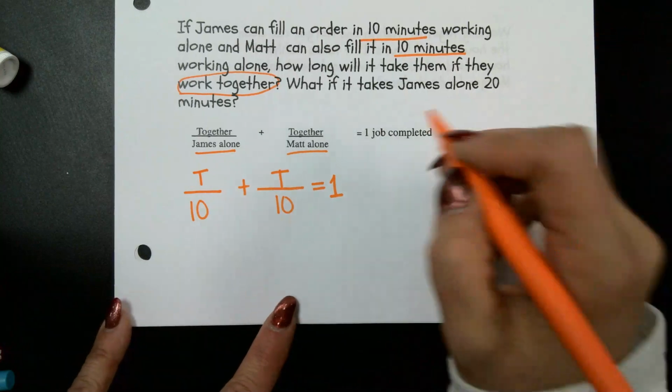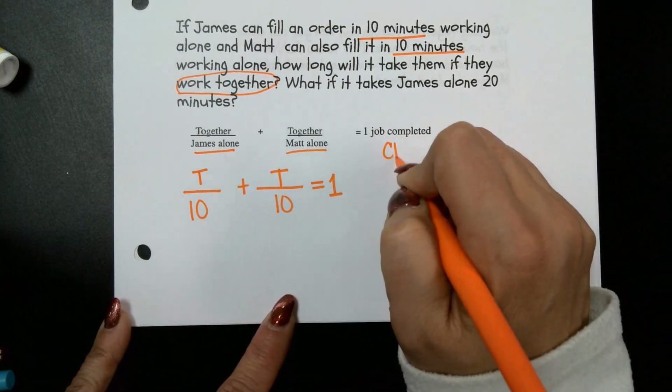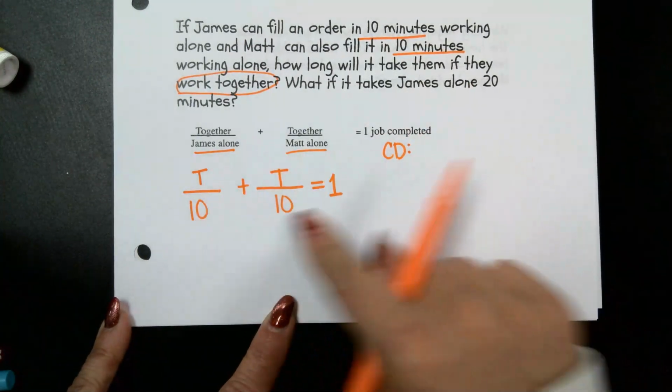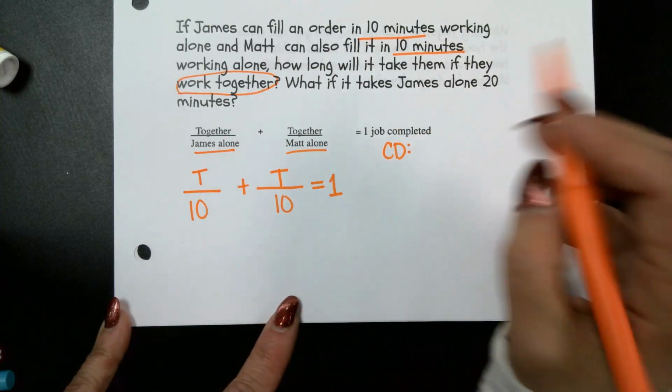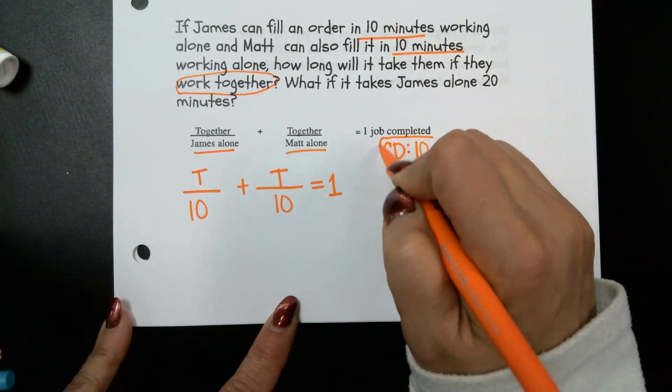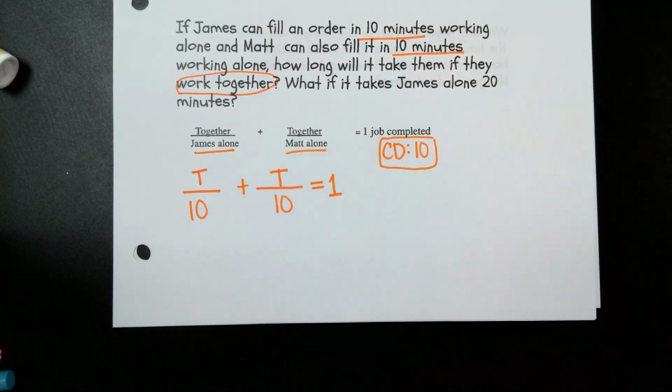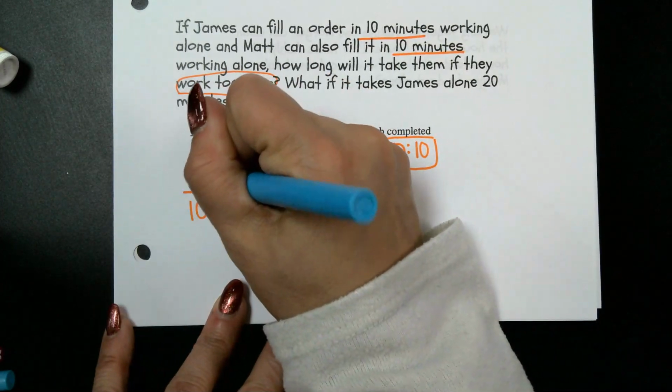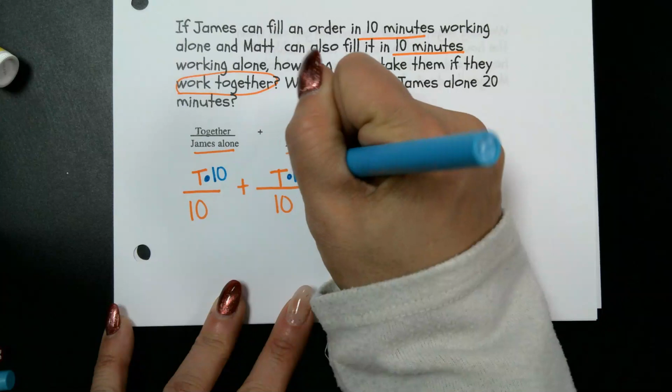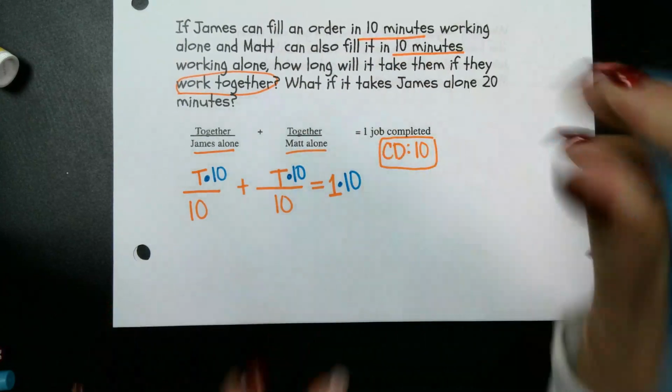My first question to you is this: what's the common denominator for this problem? It's 10. And once you establish that common denominator, aren't you just supposed to multiply everything by that? You might want to look up at the board when I do this. I'm using a different color so you can see.